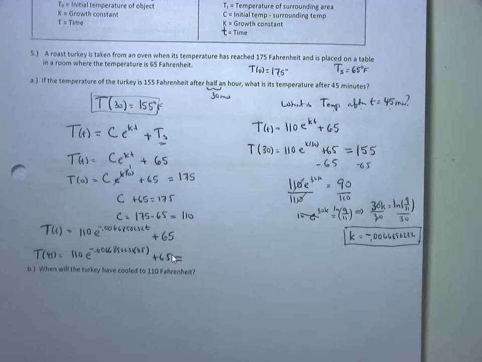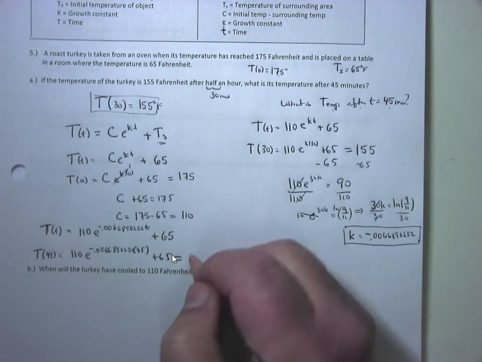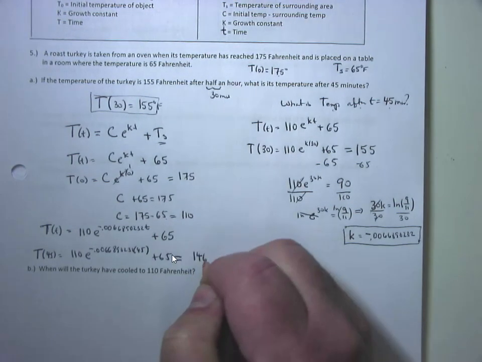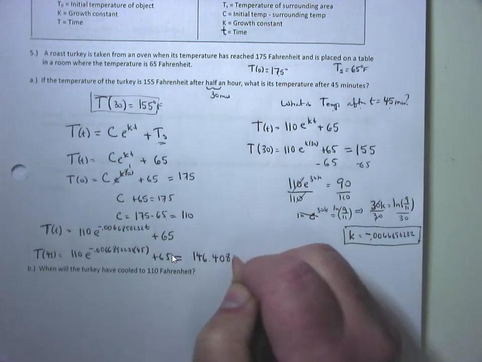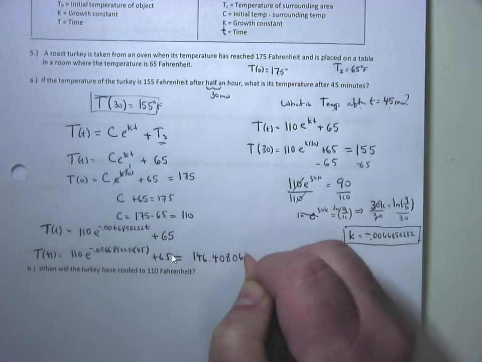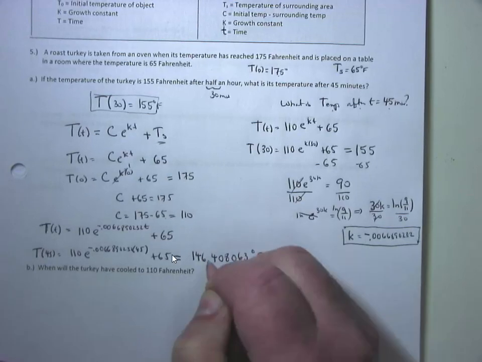I'm just going to stick this in the calculator: 110 e raised to the negative 0.0066890232 times 45, plus 65, and I get 146.408063 degrees Fahrenheit.